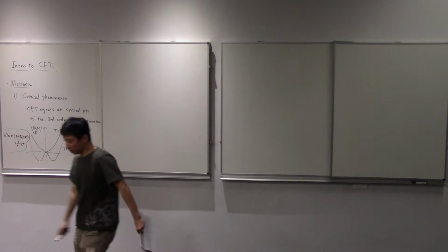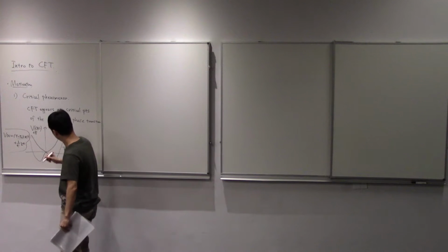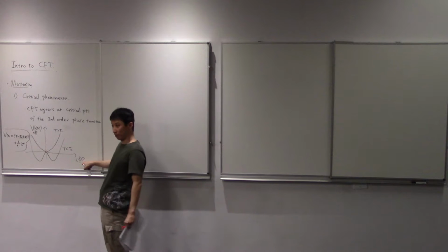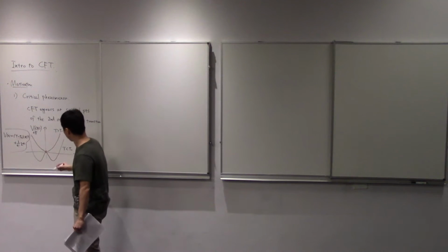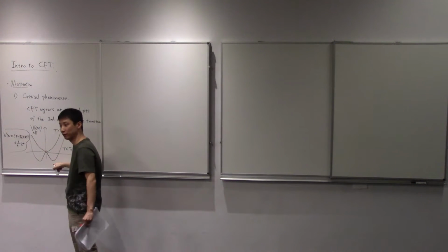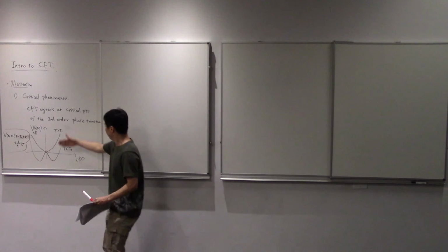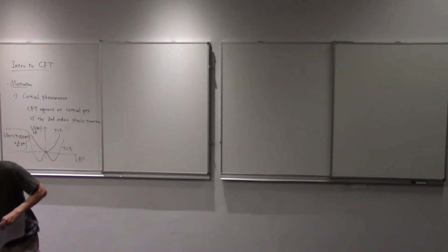Then what is happening is that the stable point of this potential was initially phi equal to 0, and as you lower the temperature it moves to this one, because this is going to be the minimum. So this is the second order phase transition.